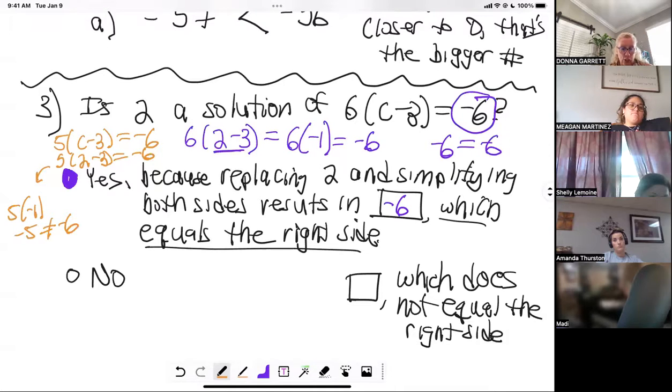So in that case, you would have said no, because replacing 2 and simplifying both sides results in negative 5, which does not equal the right side. That is a confusing problem, and I've had a couple of people ask me about it, so in your homework, that's what it means. You plug in the number, you get your answer. That answer goes in this box, and then it's yes if it's the same, and no if it's not.